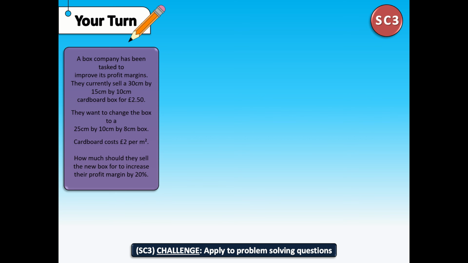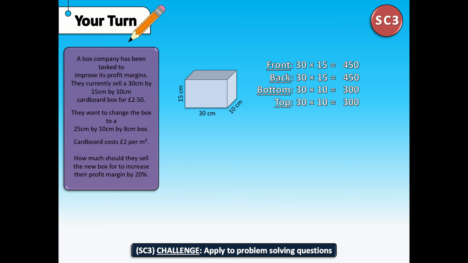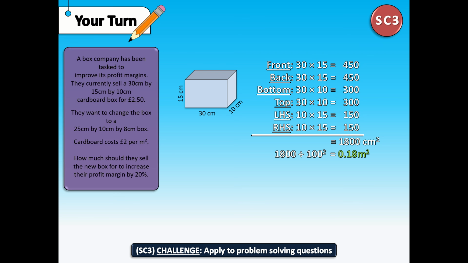Finally, the purple question. So if we look at the current box and work out its surface area. The current box has a surface area of 1,800 centimeters squared. If we convert this into meters squared, we've got to divide by 100 squared.